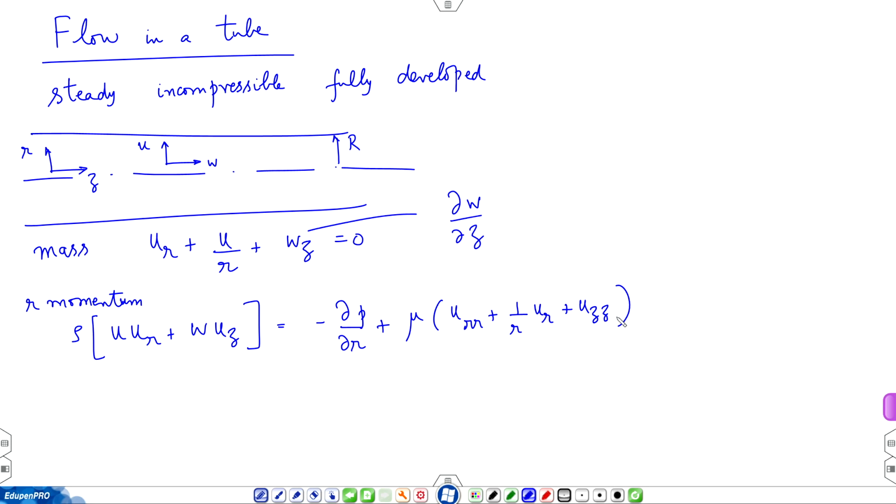This pressure you may write as P or P tilde depending on whether you think gravity is relevant to your problem.